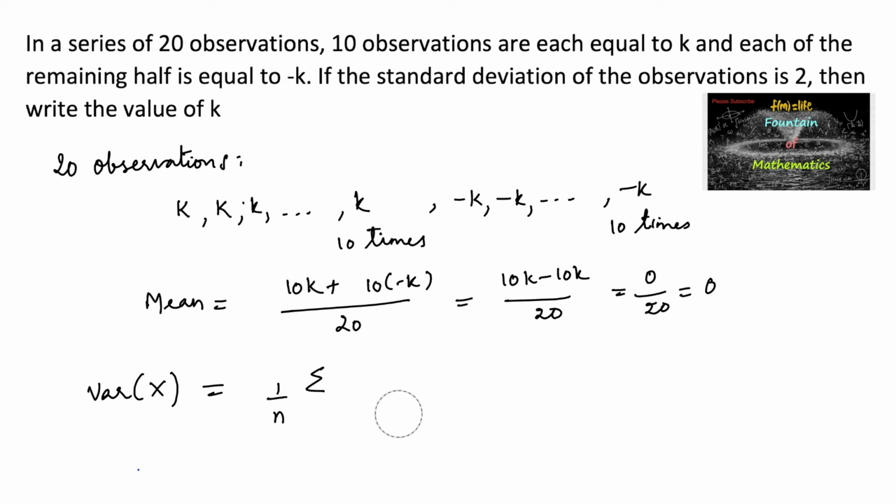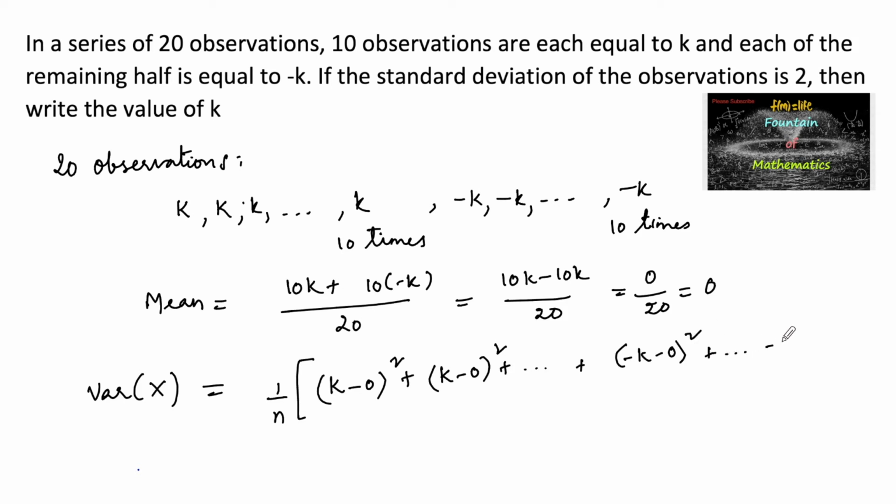So we can write it as (k minus 0) whole square plus (k minus 0) whole square and so on 10 observations, and again (negative k minus 0) whole square plus and so on (negative k minus 0) whole square, remaining 10 observations. So which is equal to 1 upon n, that is 1 upon 20 we can write. So here are 20 observations.